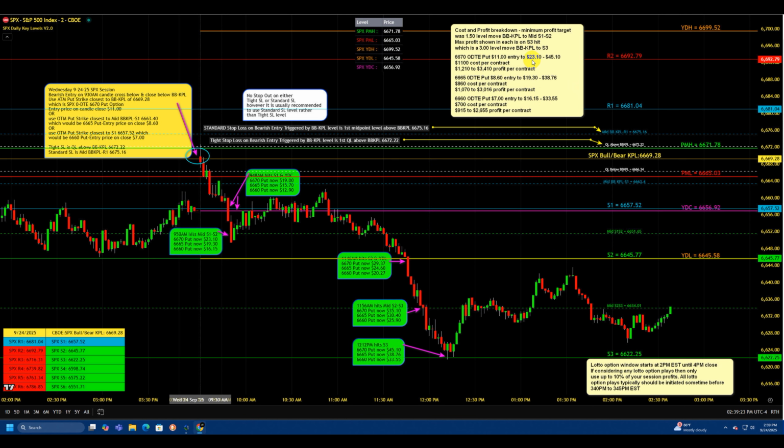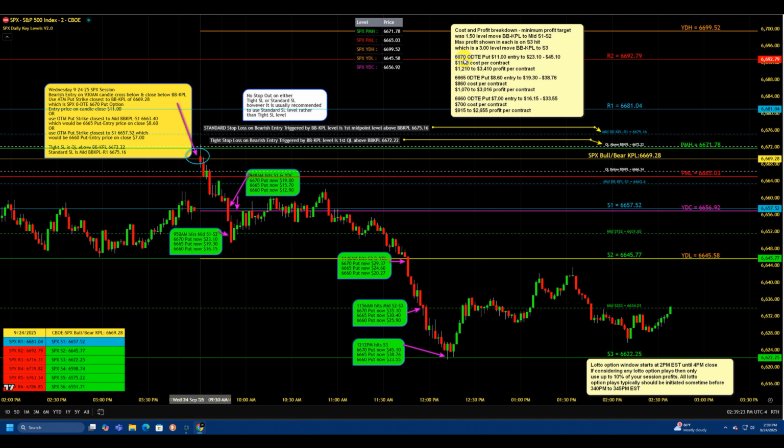So the minimum profit here that we're showing in this range is what price was at for that option when it did hit the mid S1, S2 level. And then the maximum profit on this range is when it hits the 3 level move from the BBKPL to S3. So that's 1 full level, 2 full levels, and then finally 3 full levels.